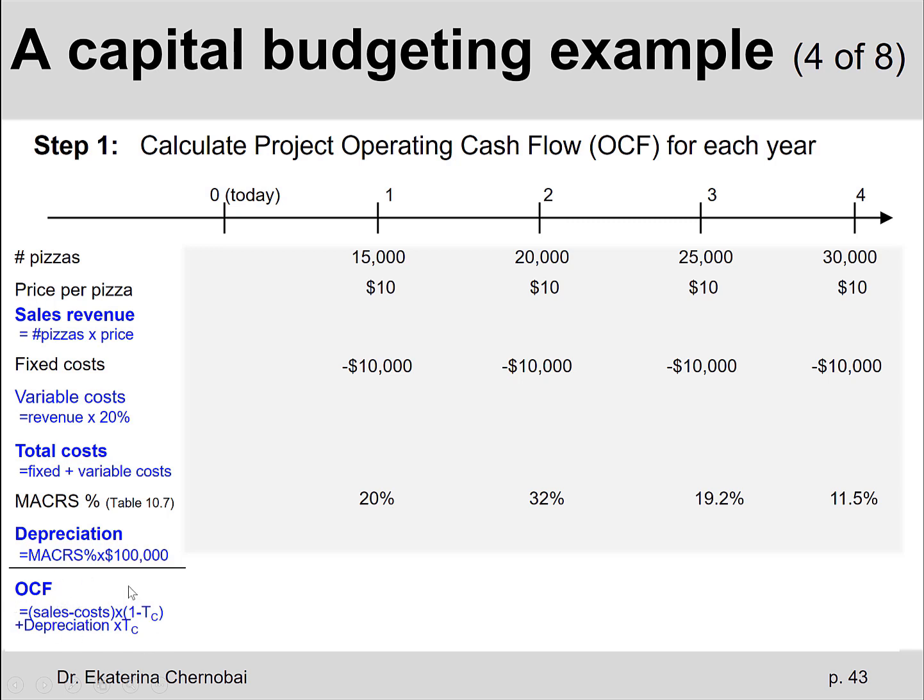And the reason I'm using this one, and that's what I explained on my earlier slides, is because this is the fastest way to find the operating cash flow. The other versions of this formula have net income or taxes, and for that, you need to do extra calculation steps.